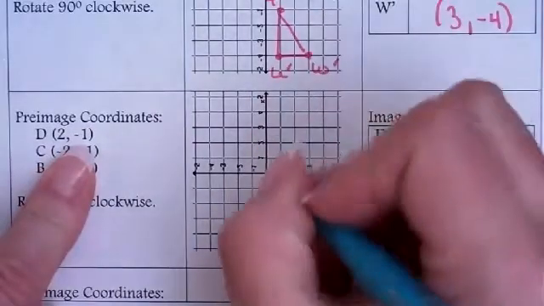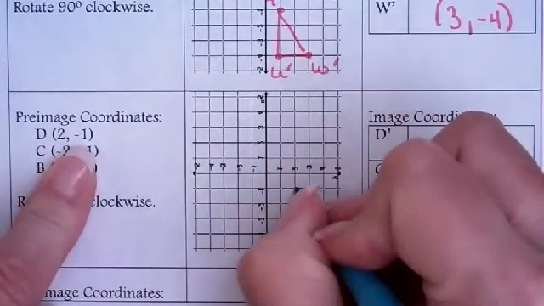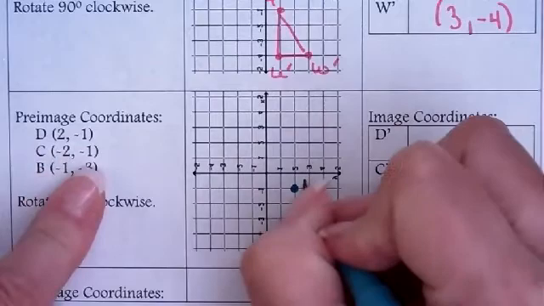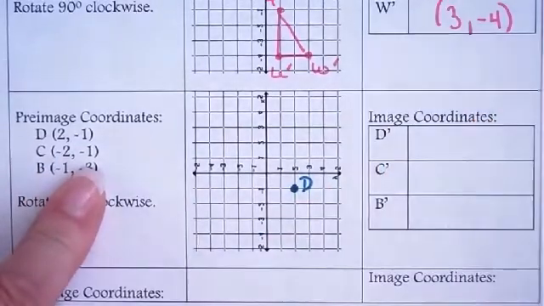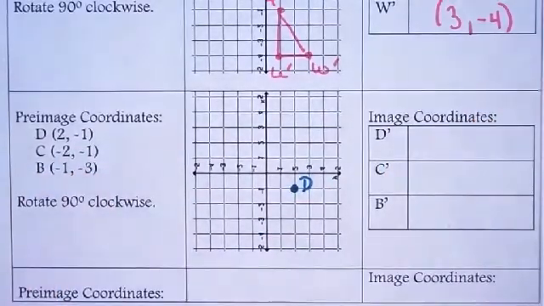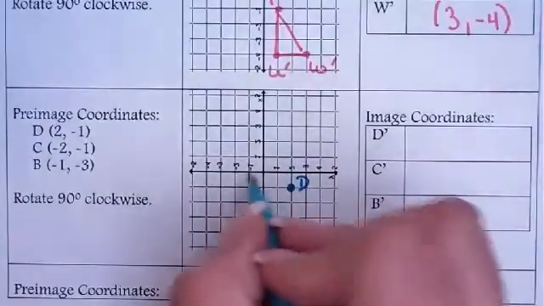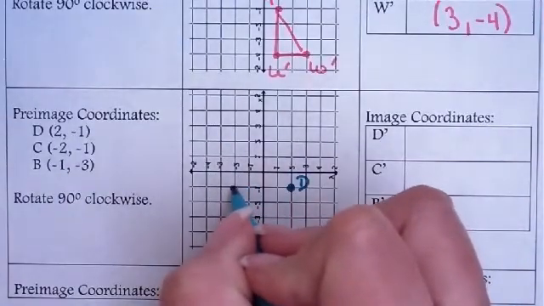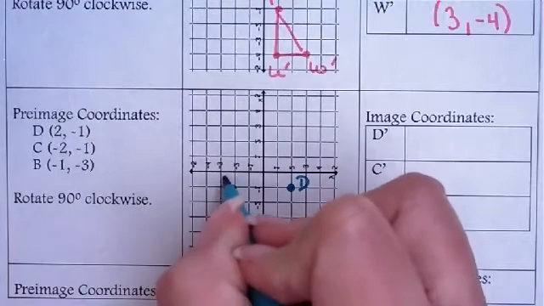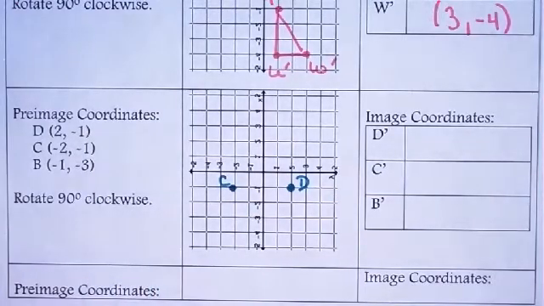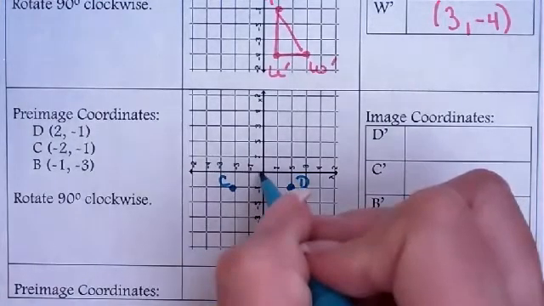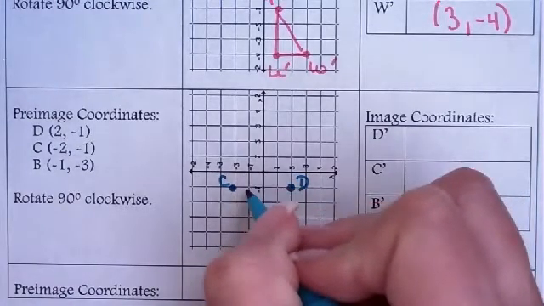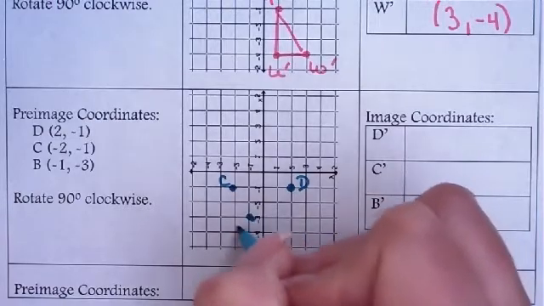D is at 2, negative 1, which is right here. C is at negative 2, negative 1, which is right here. And then B is at negative 1, negative 3, which is back left 1 and down 3, so it's right here.